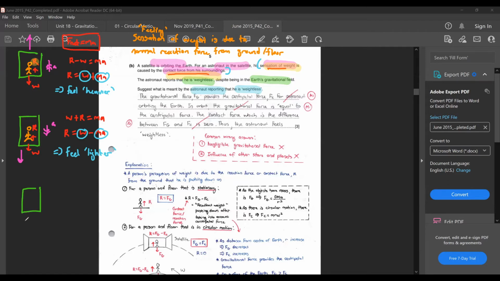For example, you're still moving down, and you have your weight downwards, your reaction force upwards, but this time you're actually falling down with acceleration equals g. So if I apply the same equation, F net equals ma, I get W plus R equals ma, and then R is W minus ma. But W is mg, and since a equals g, this ma will also be mg. So this will give you 0.